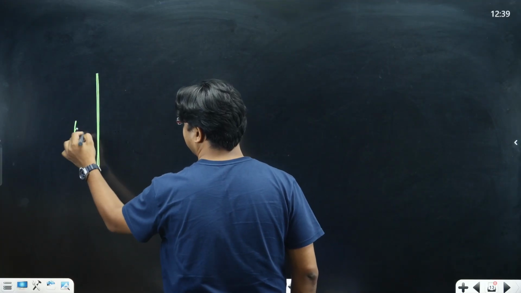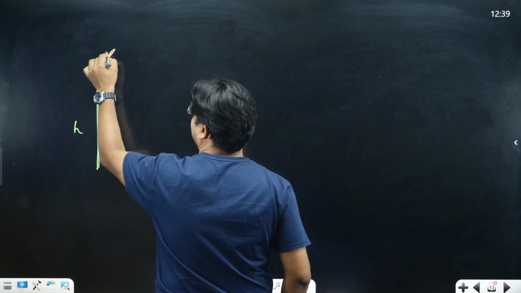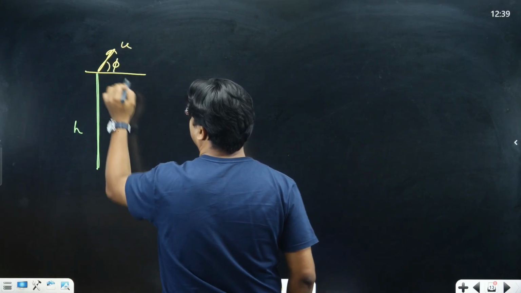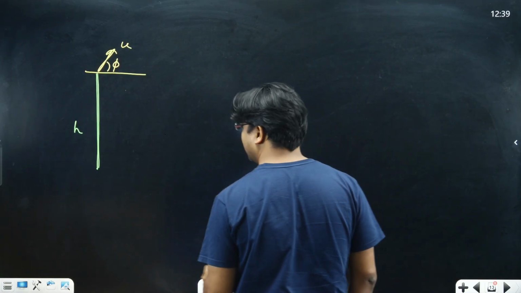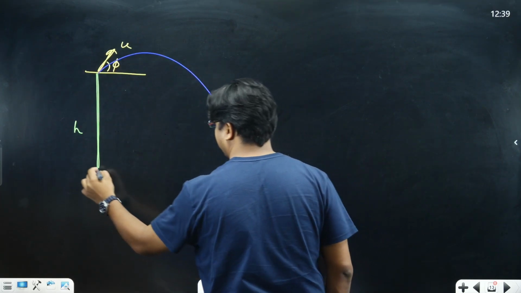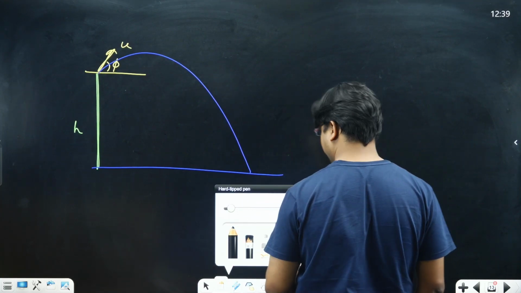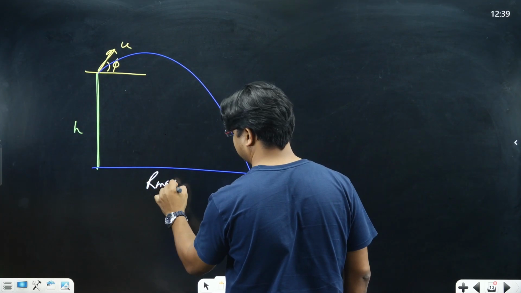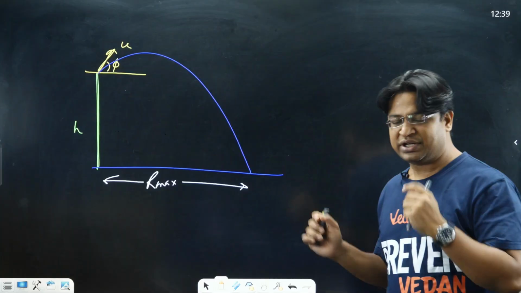So this is a tower of height h, and you are projecting something from here with a speed u, and you know that you can get a maximum horizontal range for a certain case. So this is r max. This is the case we discussed.